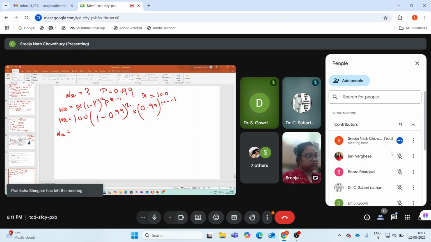This will become Wx equals to 0.369%. So the weight percent of degree of polymerization 100 at a 99% conversion is only 0.369%.